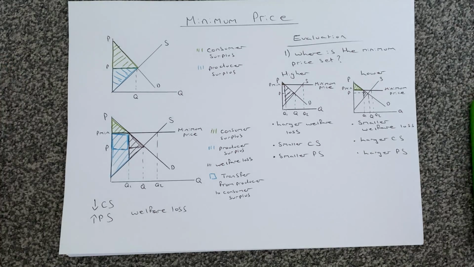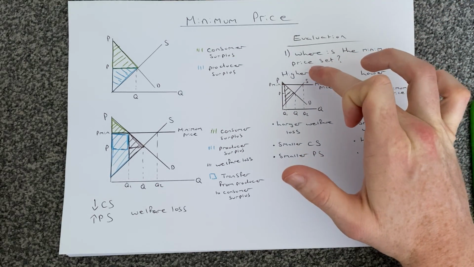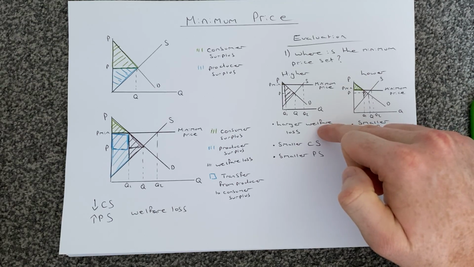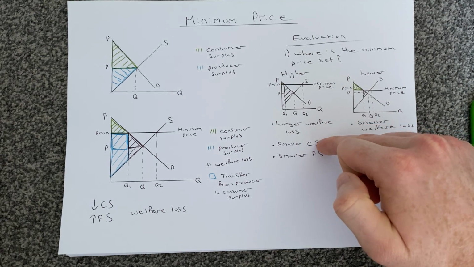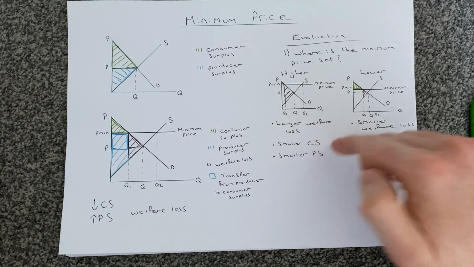Okay, so the impact upon the consumer and producer surplus is very much dependent upon where the minimum price is set. So just to recap, if the minimum price is set considerably higher than the market equilibrium, we will have a much larger welfare loss, a much smaller consumer surplus and a smaller producer surplus.